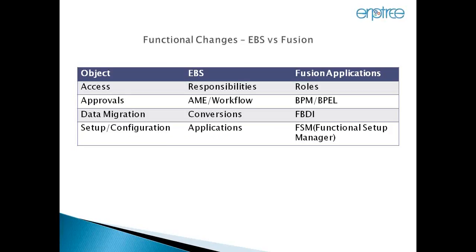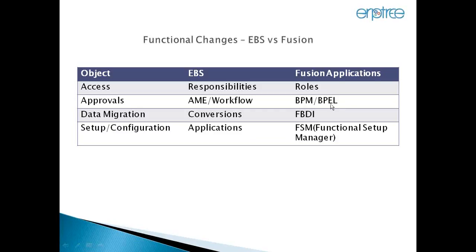And I'll also mention a few functional term changes. If you want to access anything in EBS, we use the concept called responsibility, but in Fusion we have a concept called roles. With the help of roles, we can have access to any functionality, any application. In EBS, it's through responsibility only that you can access anything. When you talk about approvals, in EBS we have AME approvals, but in Fusion we have BPM, Business Process Management, equal to AME.